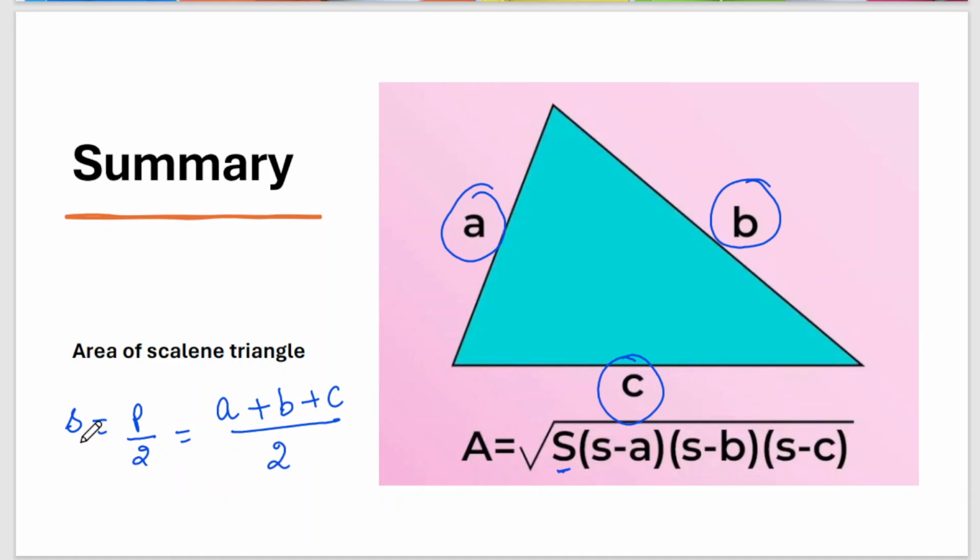Now you will use this in the formula of a scalene triangle. What is the formula? Area equals under root S times (S minus A) times (S minus B) times (S minus C). Okay. Use this formula to find the area of a scalene triangle. You can use this formula on any triangle if you know the three sides of the triangle.